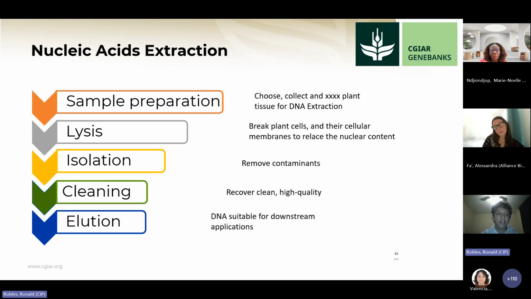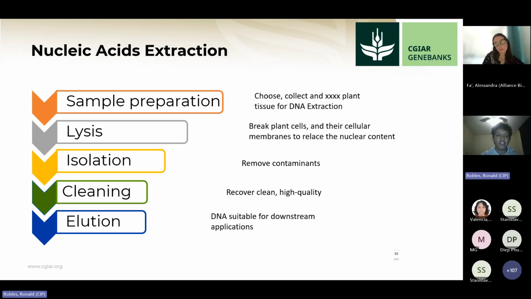But in general, nucleic acid extraction can be separated into some stages. The first one is sample preparation, in which we need to choose the right tissue, make a good collection, and conserve this tissue in good condition until the moment of the DNA extraction.